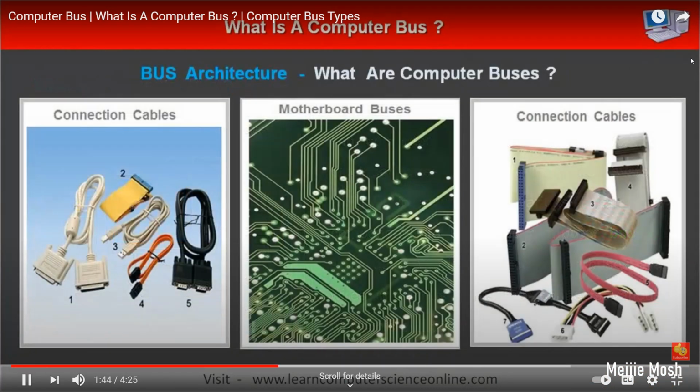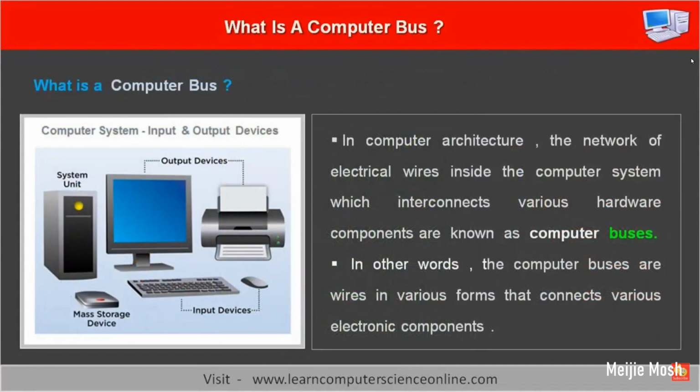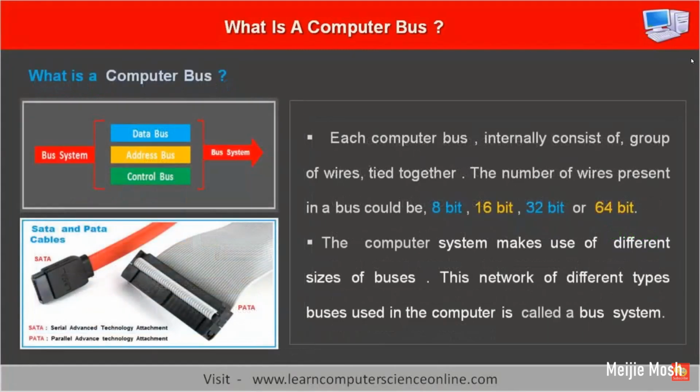Computer buses are an essential component of every computer system. The computer system performance depends upon the size and the speed of the computer buses. In other words, computer buses are electrical wires used to interconnect various electronic components within the computer system. Each computer bus internally might consist of a group of wires tied together.